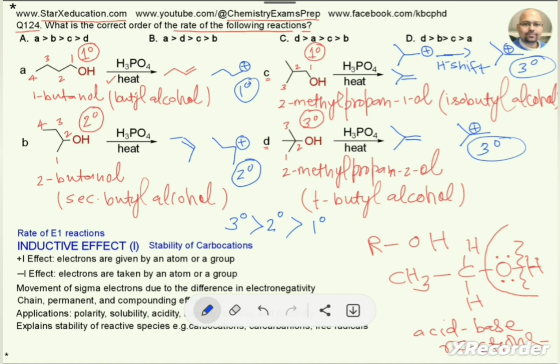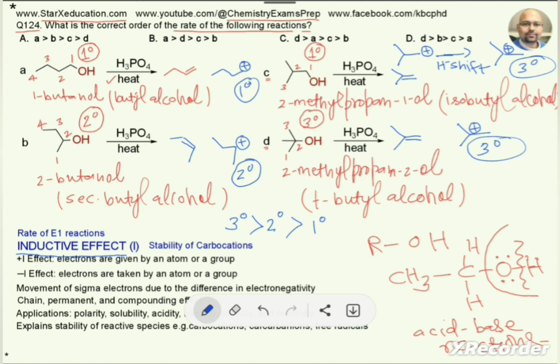And these stabilities can be explained by inductive effect. So the stability of these reactive species is one of the applications of inductive effect that is used to explain the reactivity and stability of these organic species.